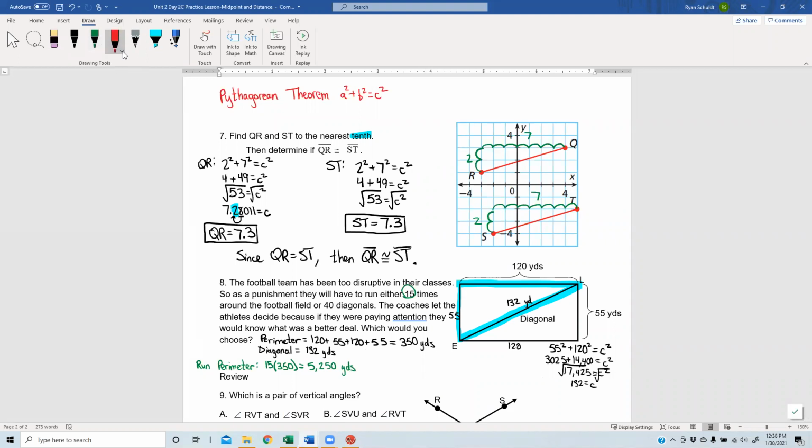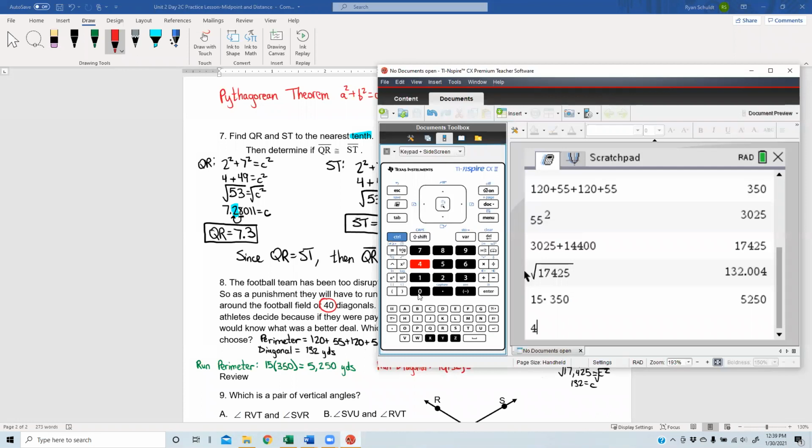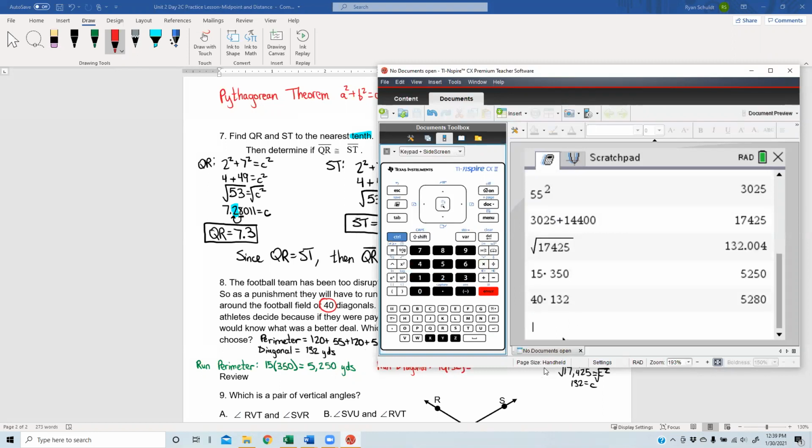Now, let's say you want to run the diagonals. How many times did coach say they had to run the diagonal? 40. So 40 times 132 is 5,280.